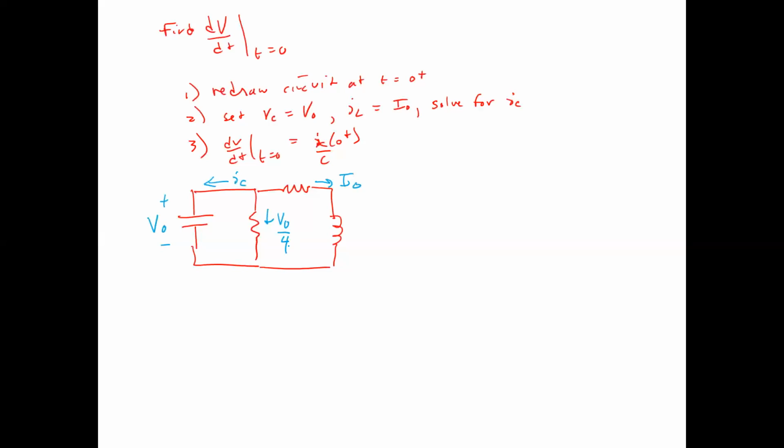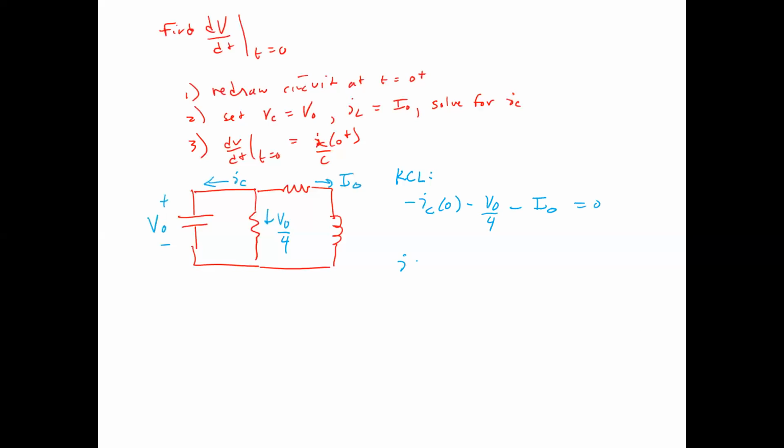So you can do KCL, which is going to say that currents entering are positive, so minus IC, minus V0 over 4, minus I0, these are all leaving that node, equals 0.